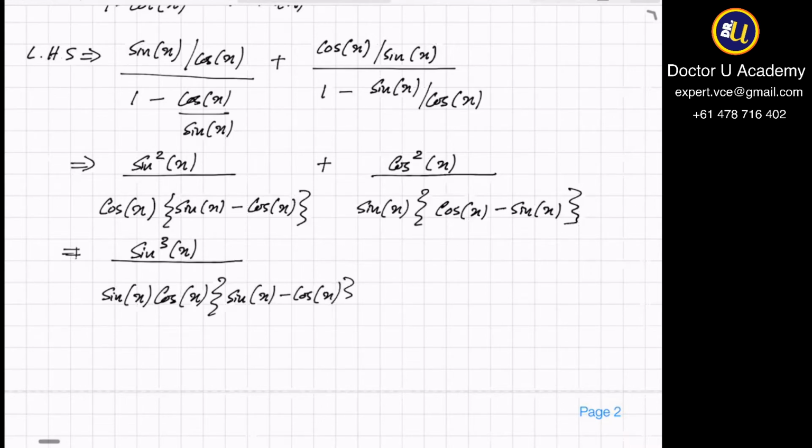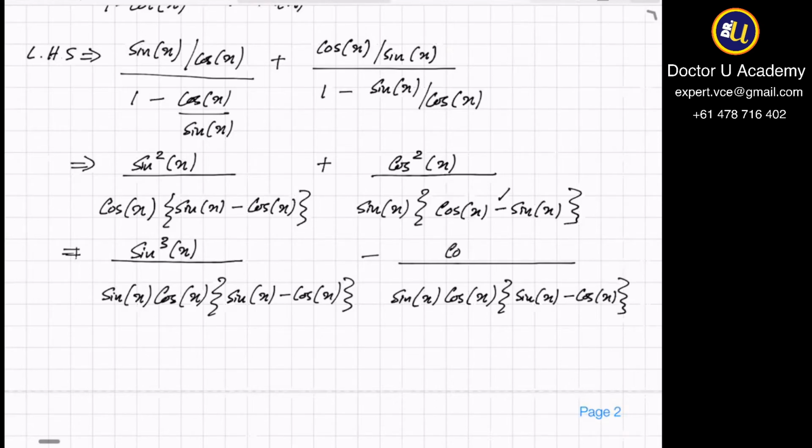Now minus, what I'm going to do, I put minus and I'm going to switch this minus to plus by switching sine and cos. So that would be sine x cos x. Here I get sine x minus cos x. And here I get cos cubed x.